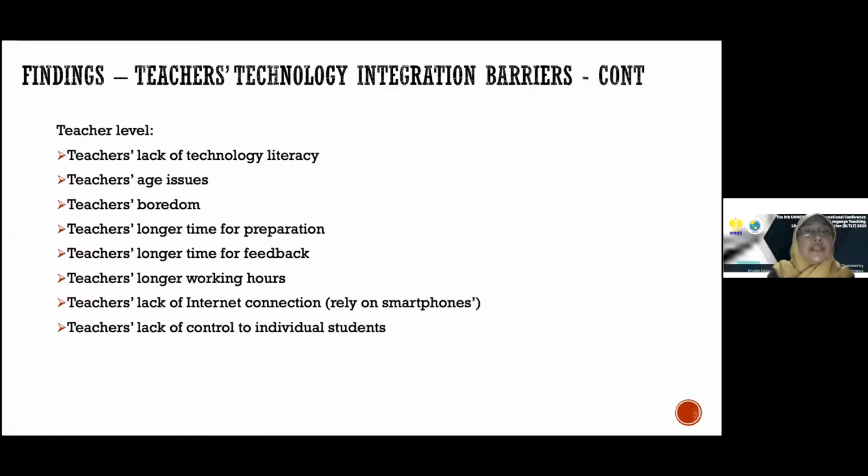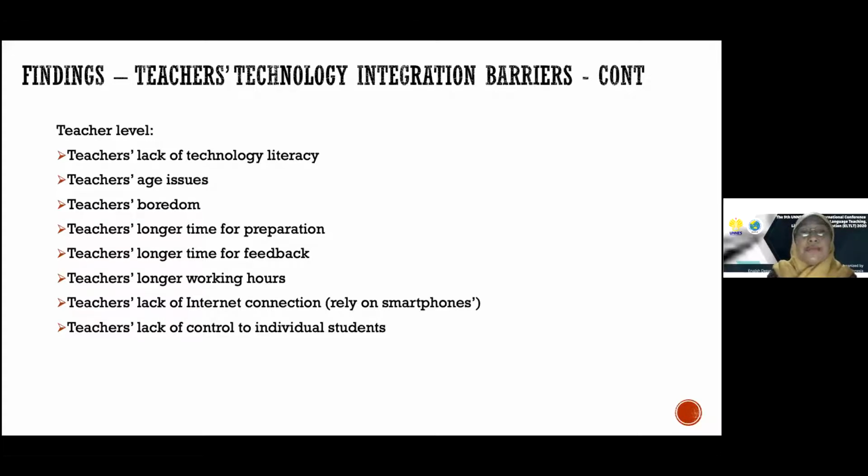Okay, and then the next one, in terms of the teacher level, it seems that the teachers also encountered some problems in integrating technology in this pandemic. For example, here I found the teachers' lack of technology literacy and teachers' age issues.